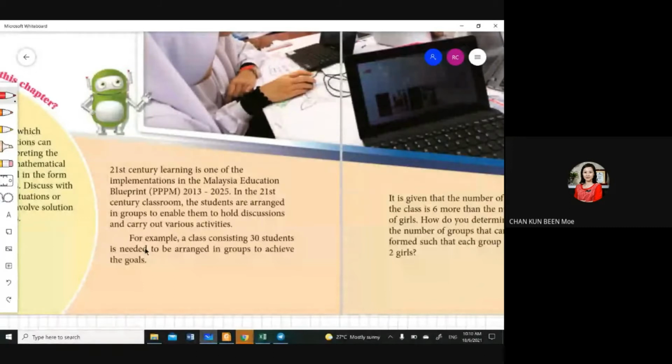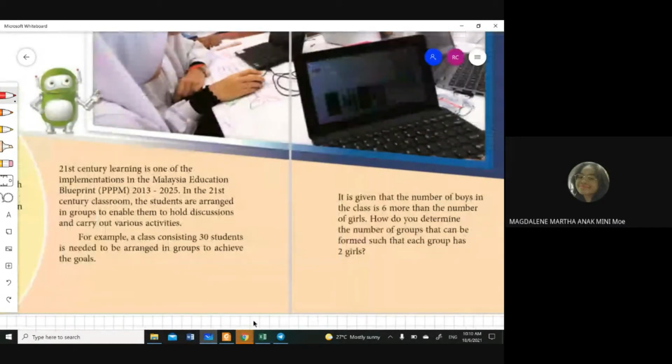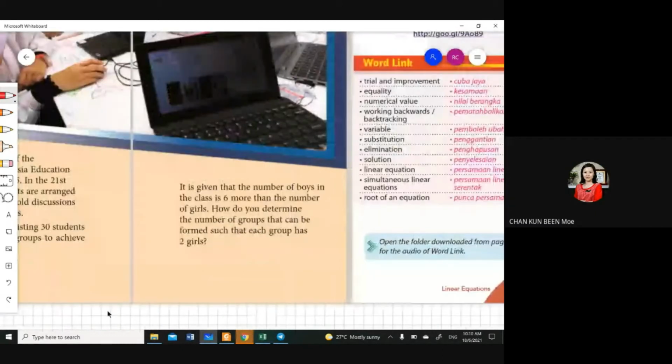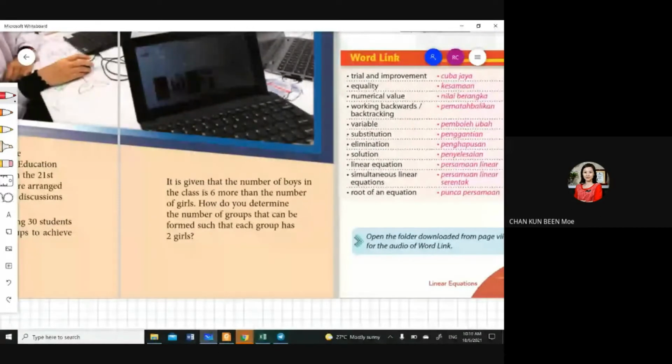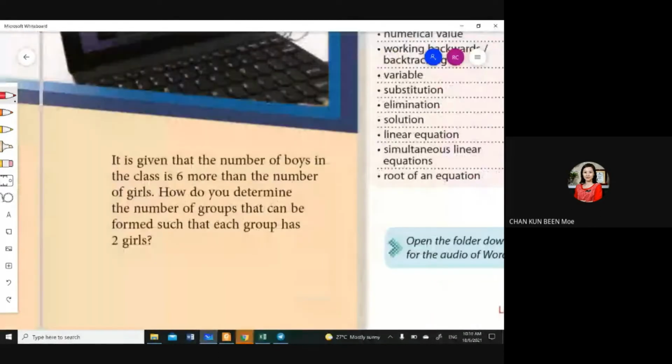Have you ever done that? Yes. It's fun, right? You get to know new friends and so on. But you cannot do it in our school yet because of the pandemic right now, we cannot sit in groups. But after it's over, most probably next year or in Form 3, then you can do that again.